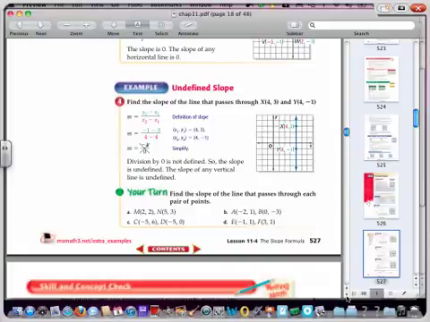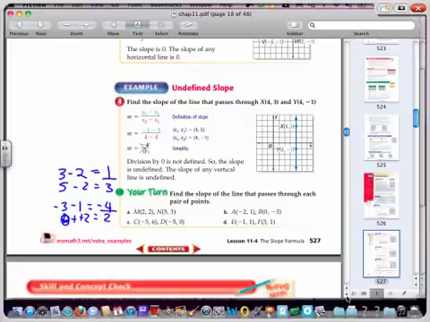All right, for A, you should get 3 minus 2, which is 1, 5 minus 2, which is 3, so 1/3 for my slope for A. For B, you get -3 minus 1, which is -4, you get 0 minus -2, which is 2. -4 divided by 2 is -2 for the slope for that one.